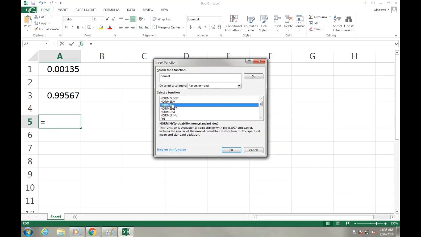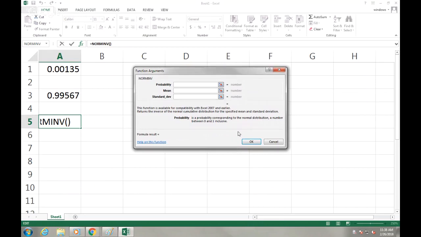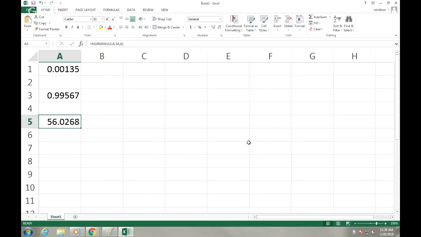What we want to know is the X that cuts it off. So I go NORM.INV, and first thing it's asking for is a probability, 0.6. Wants the mean of the distribution, 54. Wants the standard deviation of the distribution, 8. And sure enough, you can already see what's going to happen when I hit enter. Down here in this little corner, it lists it already. 56.026 is my 60th percentile.